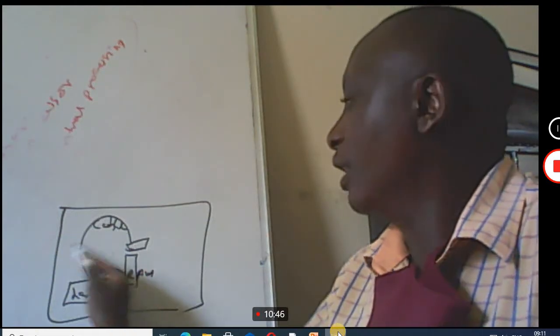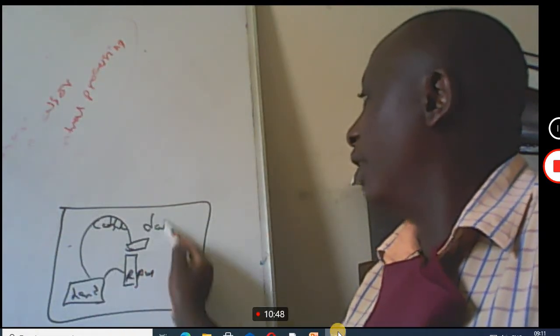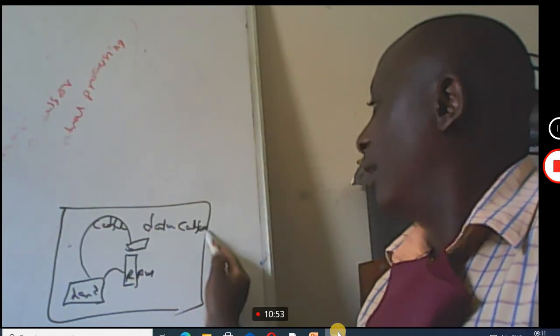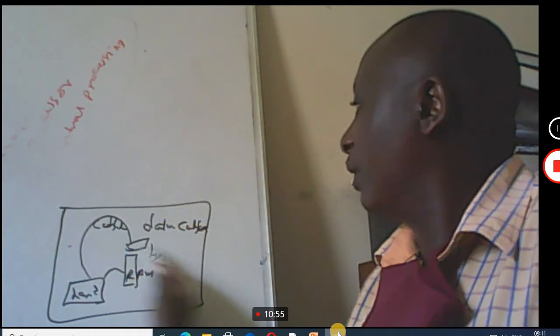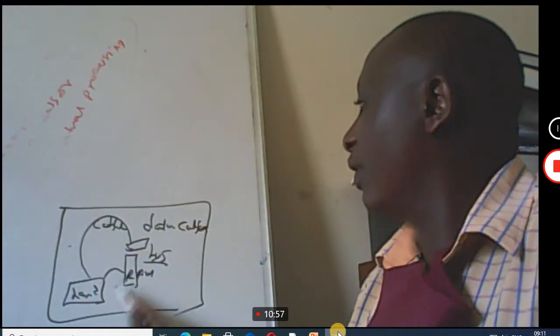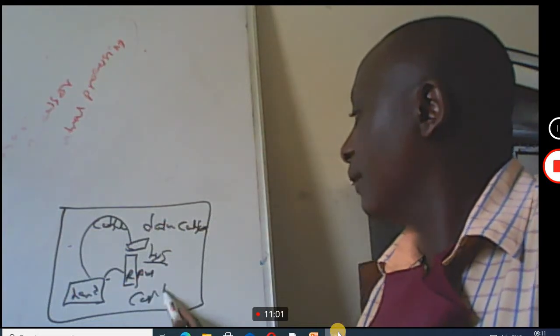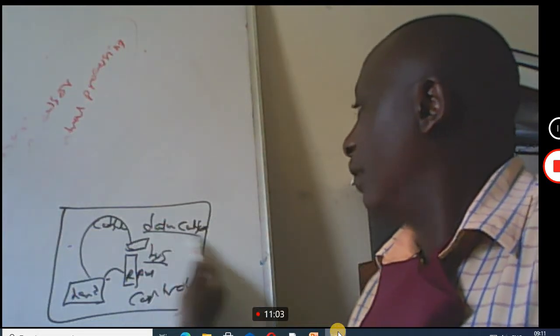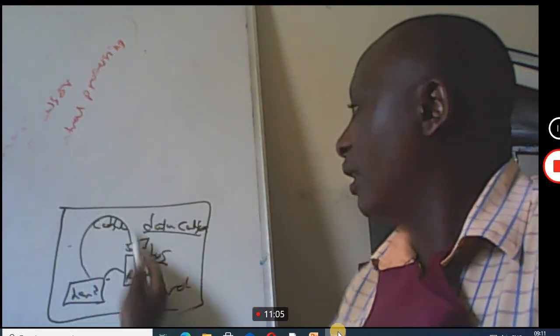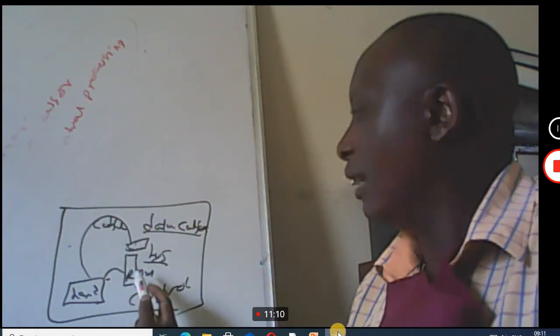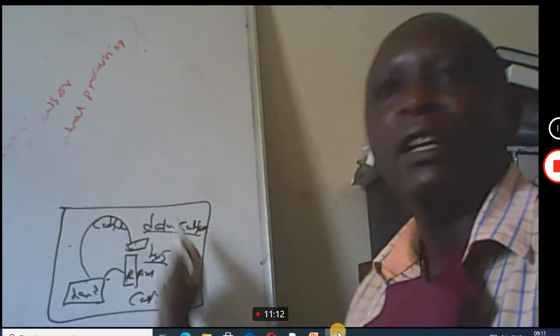So these ones here will have what are called data cables, and then we have the control buses. The data cables are the ones that will be carrying the data, and the control buses control the flow of the data as it is moving from the source to the destination.